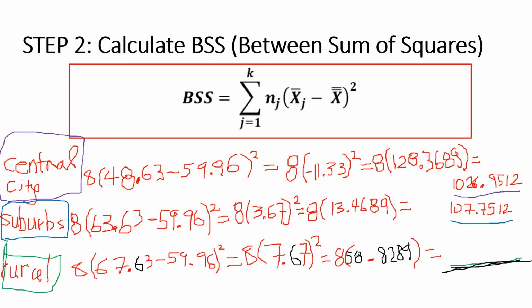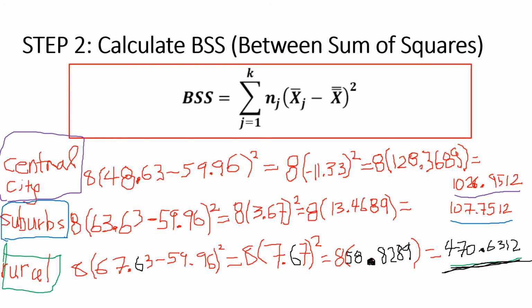So 8 times 58.8289, make that a big circle there, gives us 470.6312. There. All right. And then we add these three together, and that gives us the total BSS, the total between sum of squares.